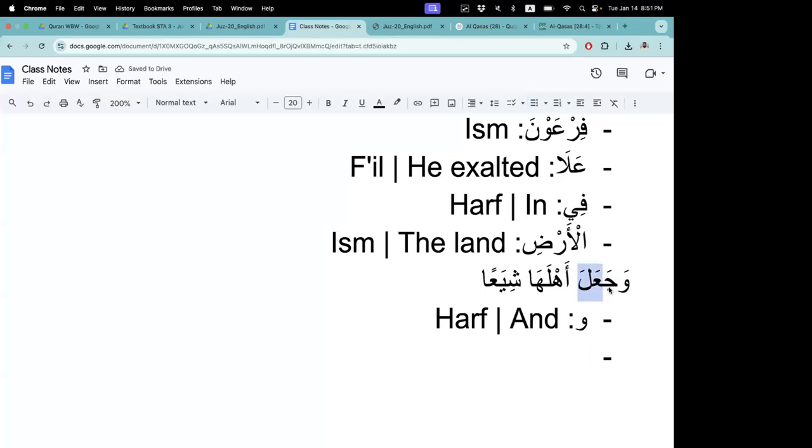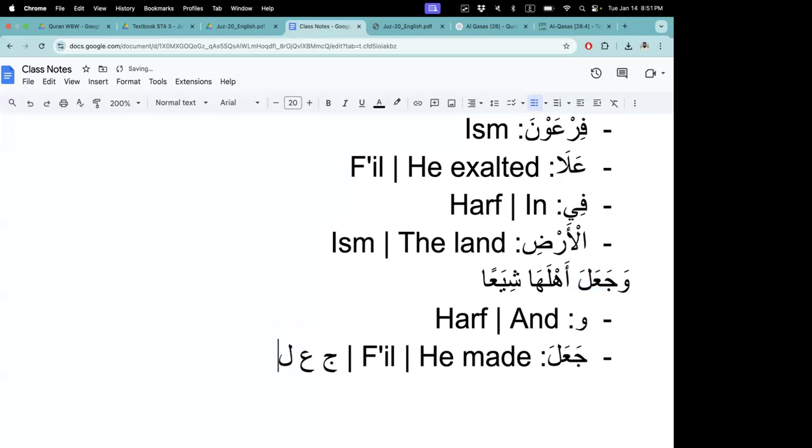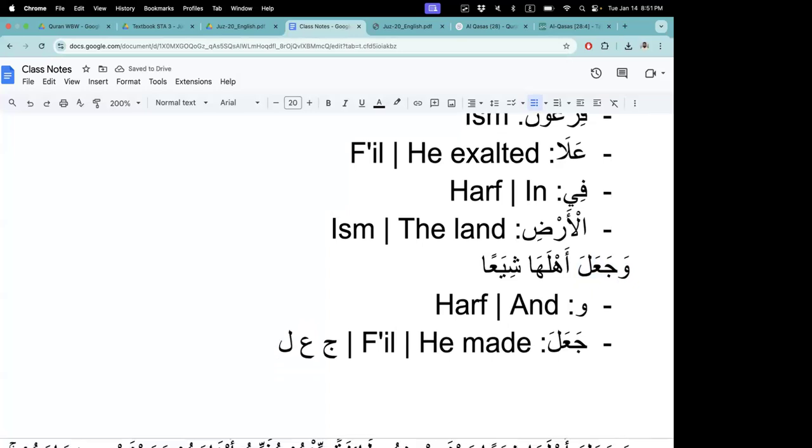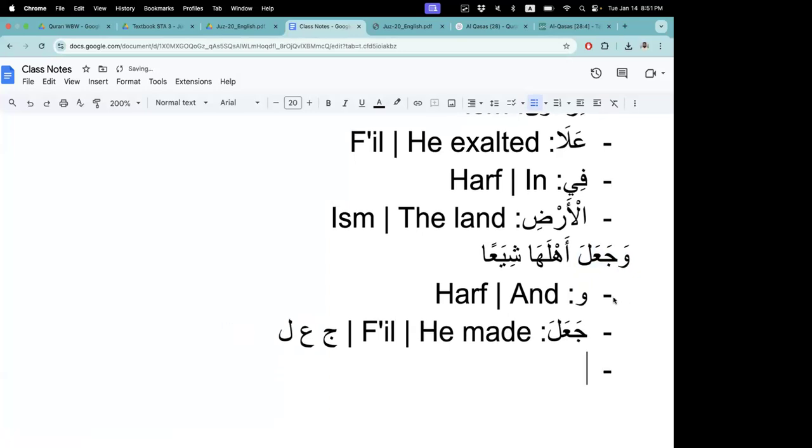Ja'ala is a fi'l. It means he made, as you saw, yes? And I'm going to add one more bar here. Its root letters are Jim, Ain, and Lam. Okay. Now, this is one root letter you will notice comes a lot in the Quran, and we will focus on it again and again.